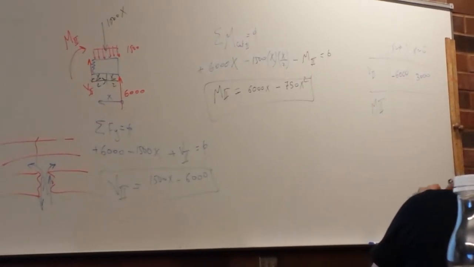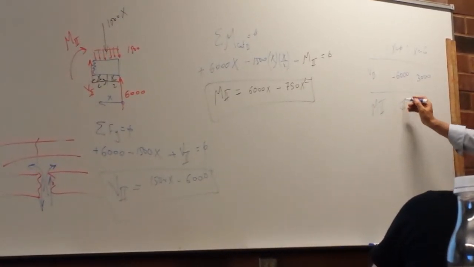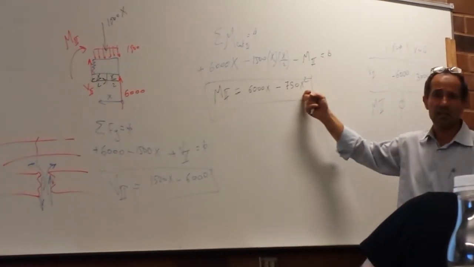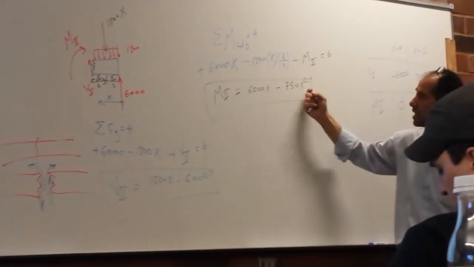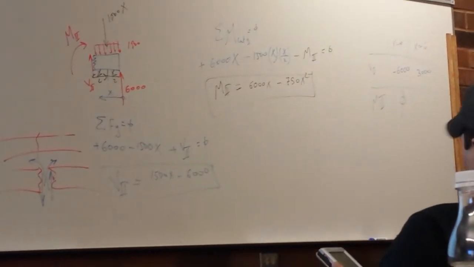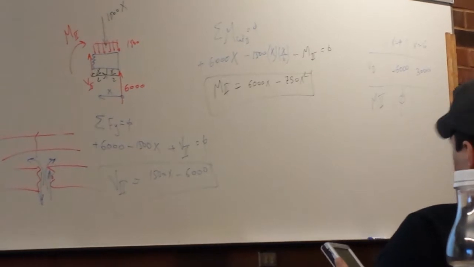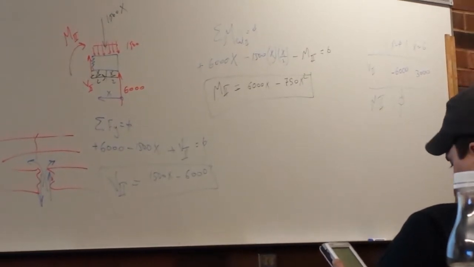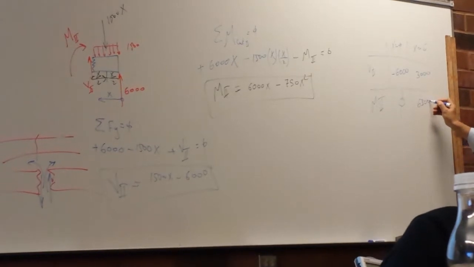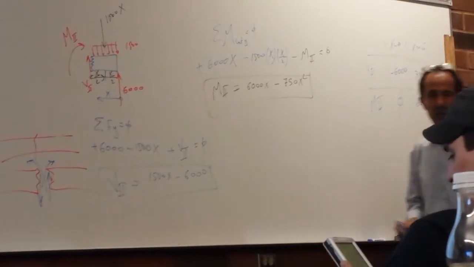Let's look at the moment. If x is 0, the moment is 0. If it is 6, put 6 here, 6 squared here, and 6 here, and give me a number, please. 6, 3, 1, 2, 3 zeros. What else you got?